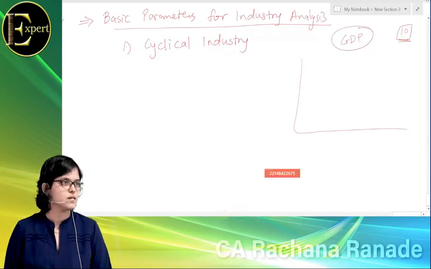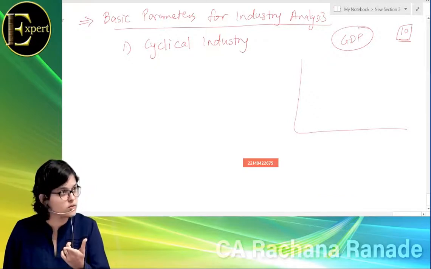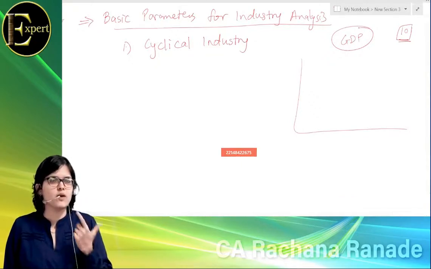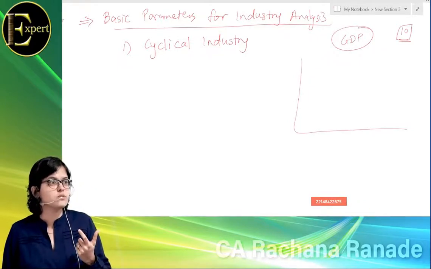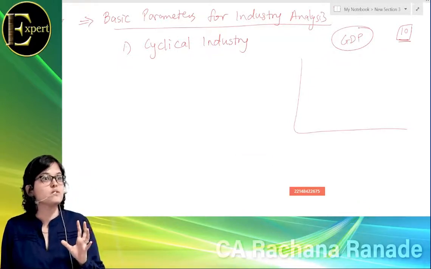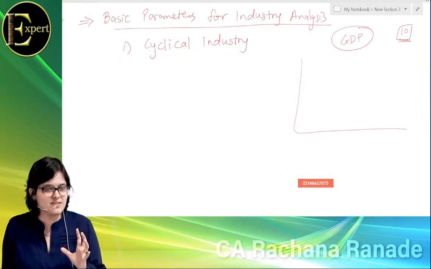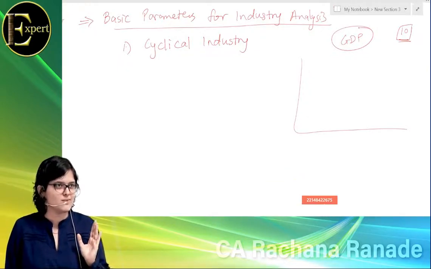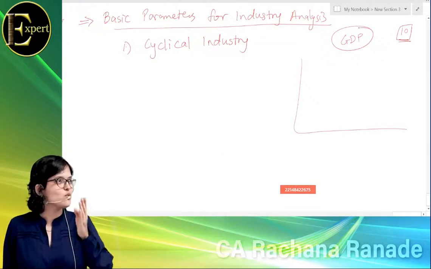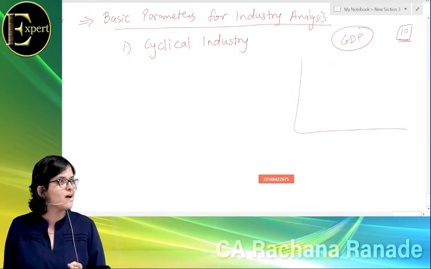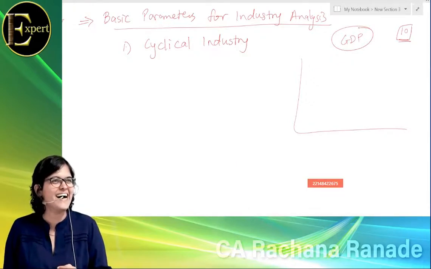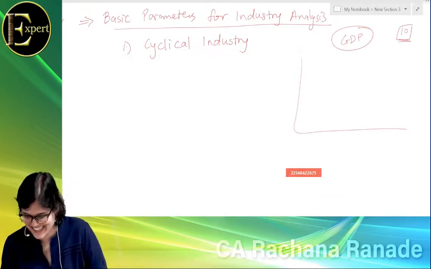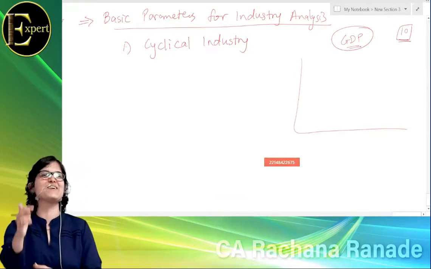We are going to talk about the details of this tomorrow. What exactly is GDP? Does anyone know the full form? Gross domestic product. Not GST. GDP is gross domestic product.